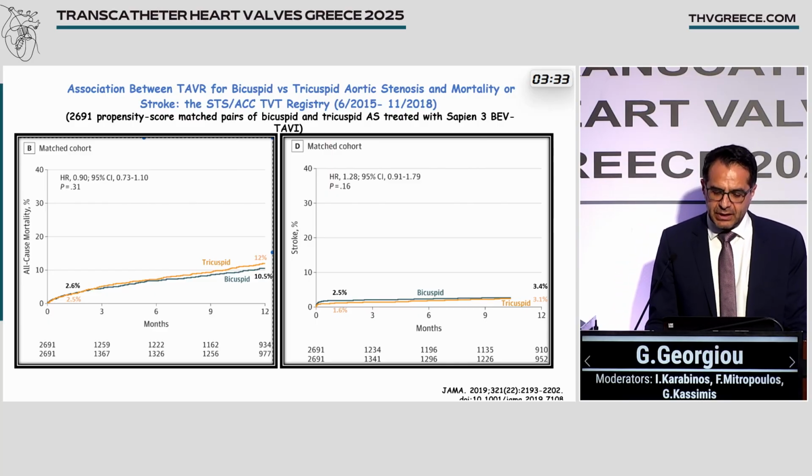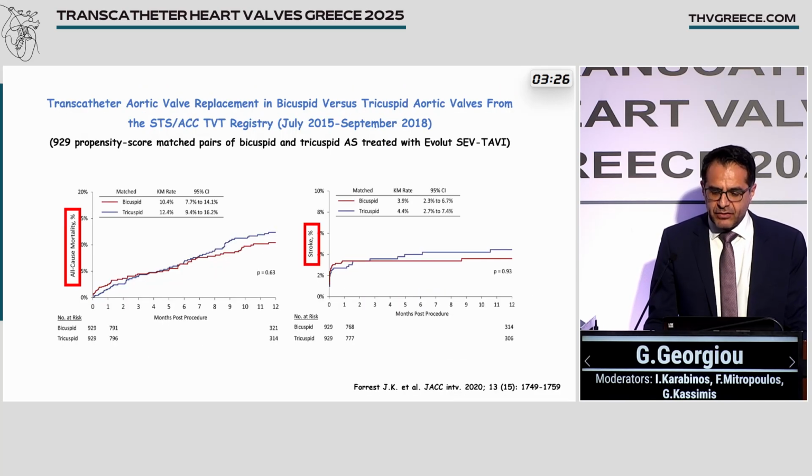There was a difference in stroke rates at 30 days, which was minimal at 12 months. And these are the results from the same registry with regards to the self-expanding supraannular valve of the Medtronic platform, the Evolut R and Evolut Pro valve, showing no difference in all-cause mortality at 12 months and no difference in stroke rates, again, at 12 months.